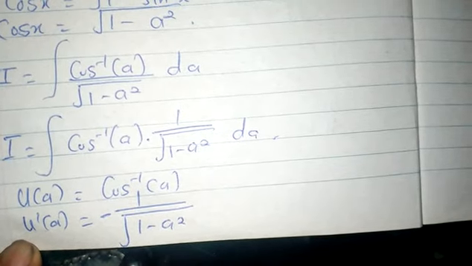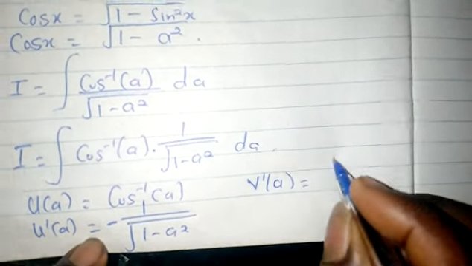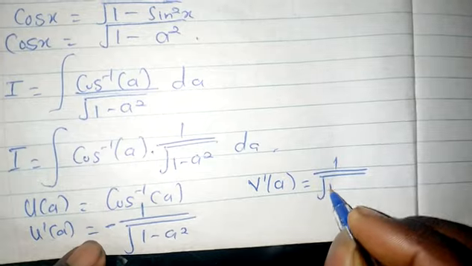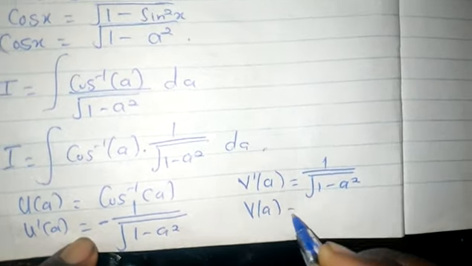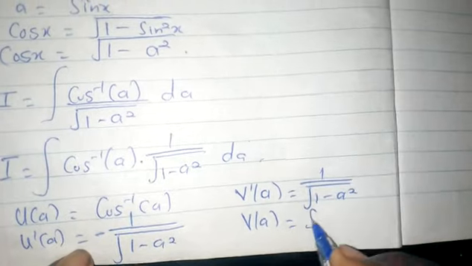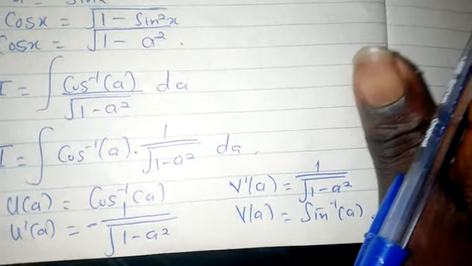Okay, I hope that is clear. I can continue. And v prime, my differentiated part, is now 1 over root of 1 minus a squared, and my v is now, if I integrate this, I'm going to get sine inverse of a. Okay, so coming back to my equation.